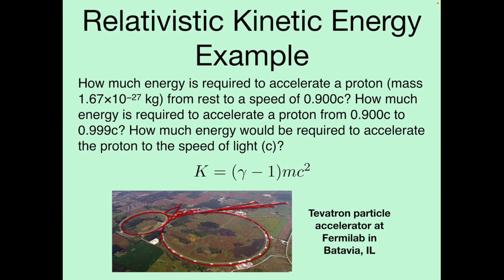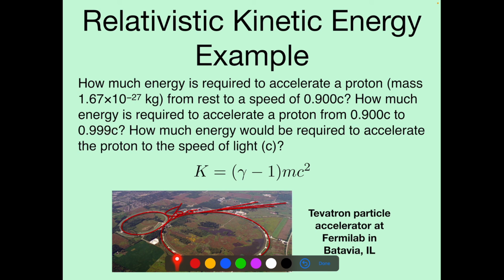So let's get some practice making calculations of relativistic kinetic energy. How much energy is required to accelerate a proton, which has a mass of 1.67 times 10 to the minus 27 kilograms, starting from rest to a speed of 0.900 c? Then, how much energy is required to accelerate a proton from 0.900 c to 0.999 c?